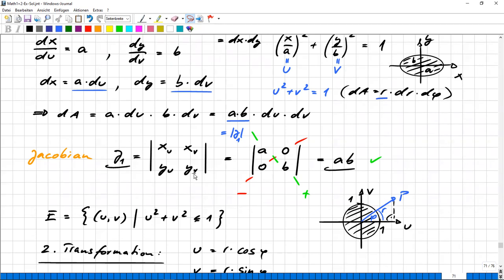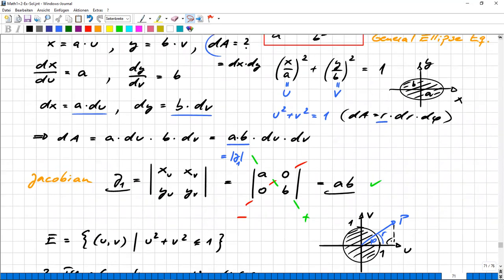And now you see what I get is simple in this case, because we have found out that differentiating x for u gets us a. So this is what I write here. And please note, this is the partial derivative of x with respect to u, although x does not even depend on y, does not depend on v.